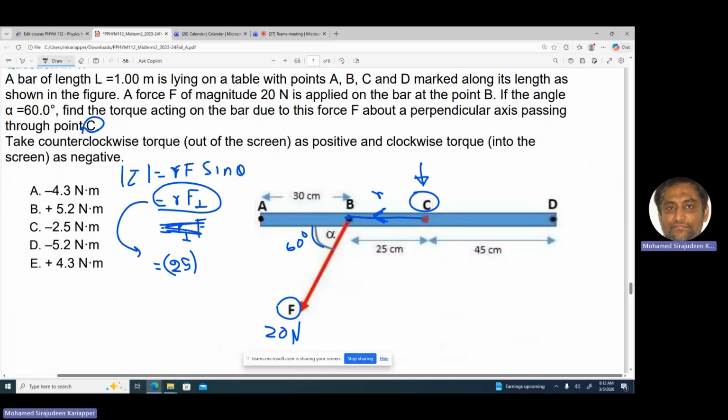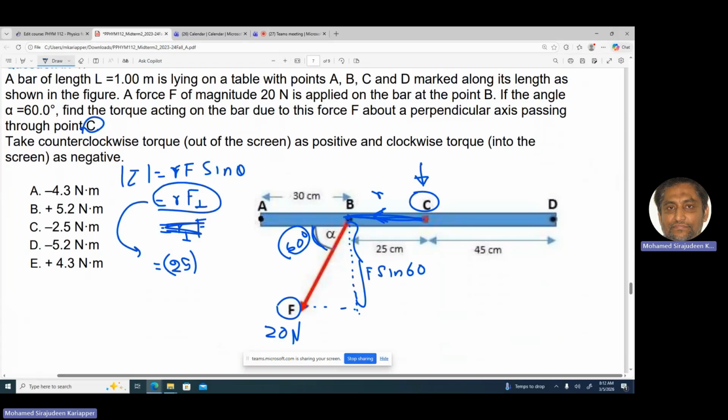Perpendicular to what? Perpendicular to R. So that means this. We have to take the component of this force, so this length of this guy. So if this is 60 degrees, because given along the R, the perpendicular component will be F sine 60. Alpha there.